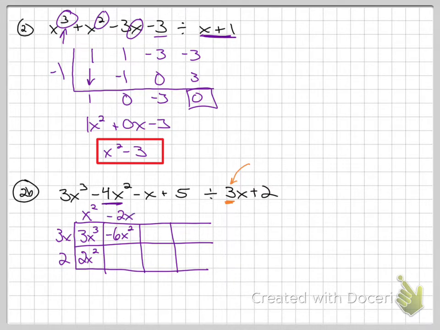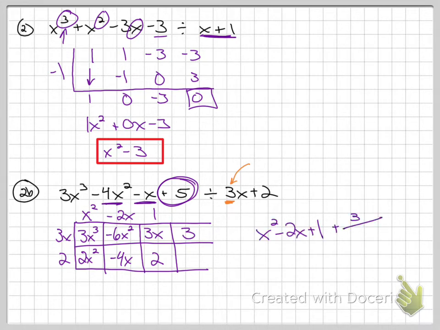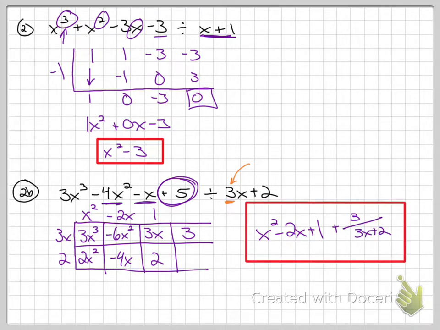Finish the column. -2x times 2 is -4x. That and its diagonal are supposed to add to be -x, so this must be 3x. That leaves 1. 2 times 1 is 2. I need 5, so I need 3 more, and the answer is the top plus the remainder over what you divided by. There is 2b.